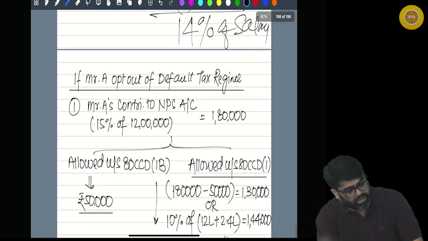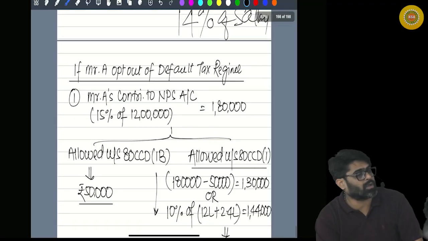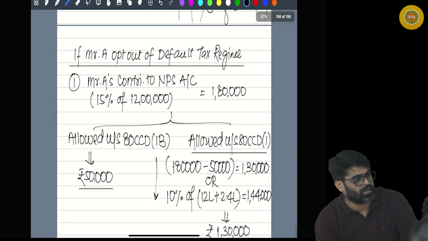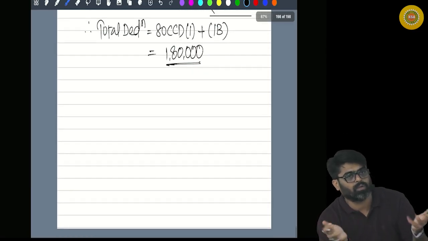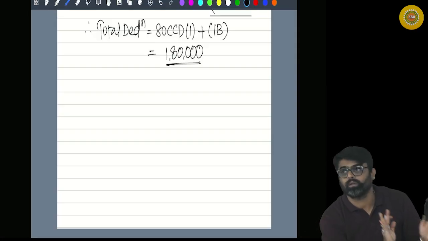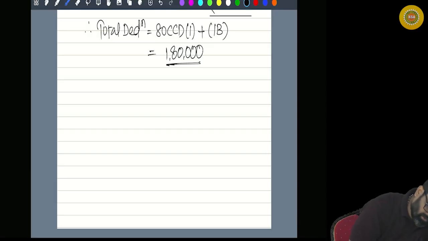If Mr. A does not opt out of default tax regime, then deduction under 80CCD1 and 1B is not available. Done. So no need to give that commentary which they have given. Yes or no? Tell me.